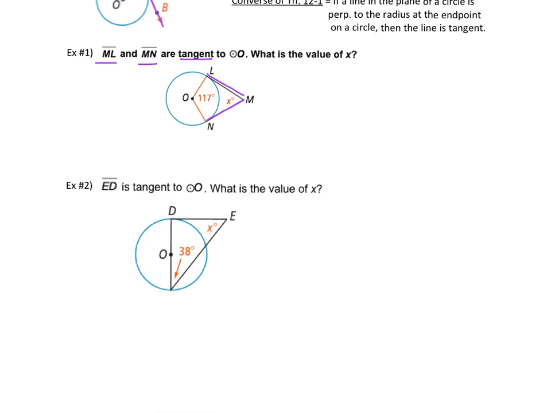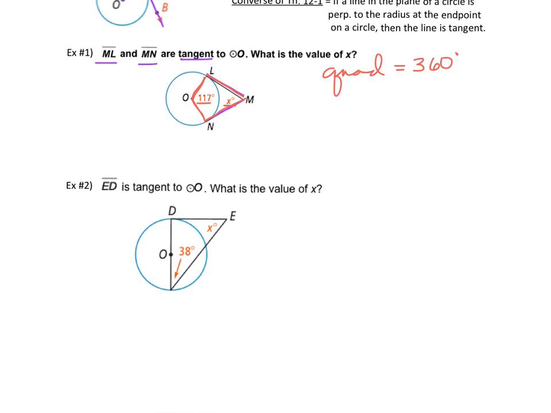If you look, we have, let's go back to red here. We have this figure that we're working with. That's a quadrilateral, okay? And we know in a quadrilateral, all of the angles will add up to 360 degrees. Well, we know this one's 117. We know this is x.